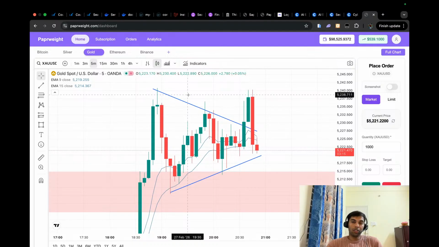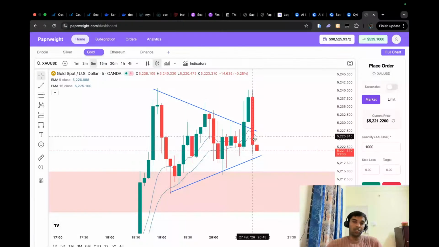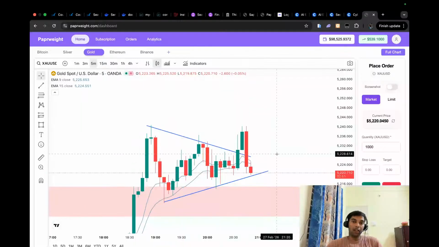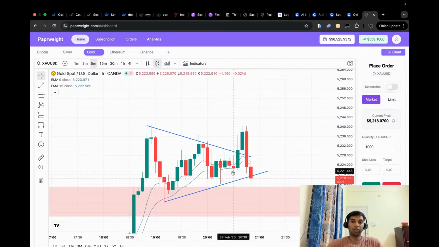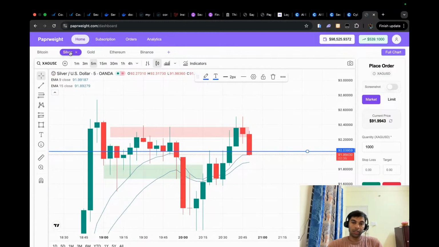See what happened here: it flushed out all the weak buyers. Now it is inviting sellers, and as soon as the sellers come in, it will take the stop loss of all the sellers. Okay, so it is inviting sellers now and flushing out the small buyers. The market already reached this point.